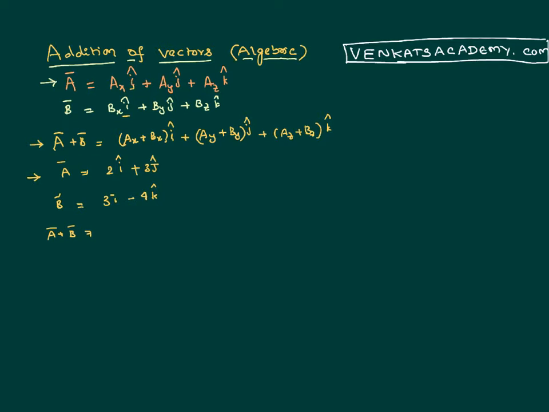I have to add the i components, that is components along the x-axis, 2i and 3i. It will become 5i cap. There is 3j, but there is no j component in the second vector, therefore it is going to be 3j cap. There is no k component in the first vector, but there is a k component in the second vector, which is minus 4k cap. So this is how we find the addition of two vectors.